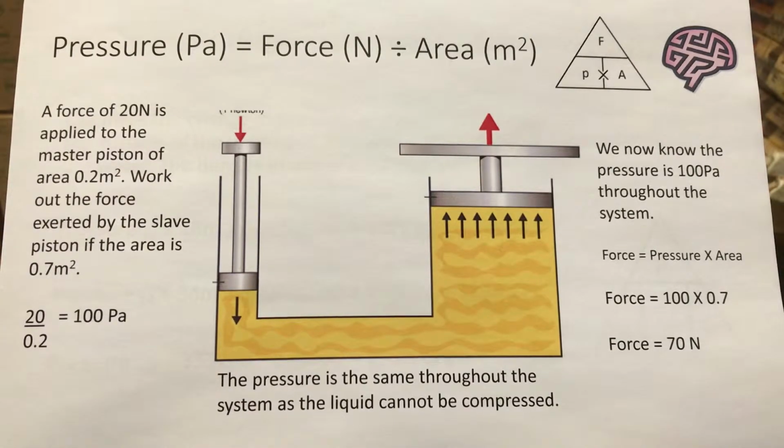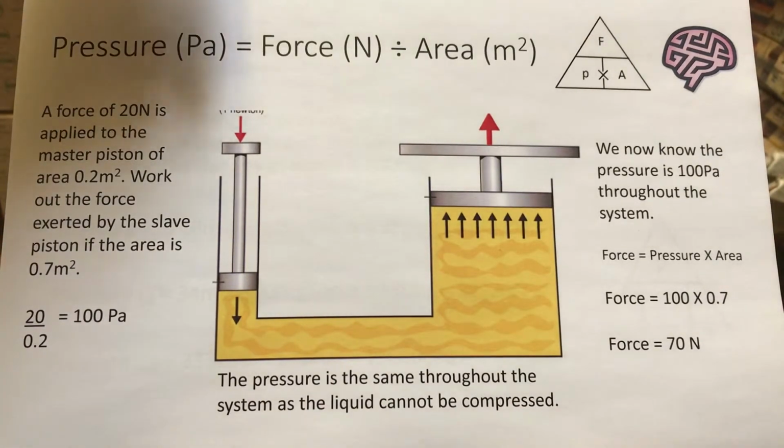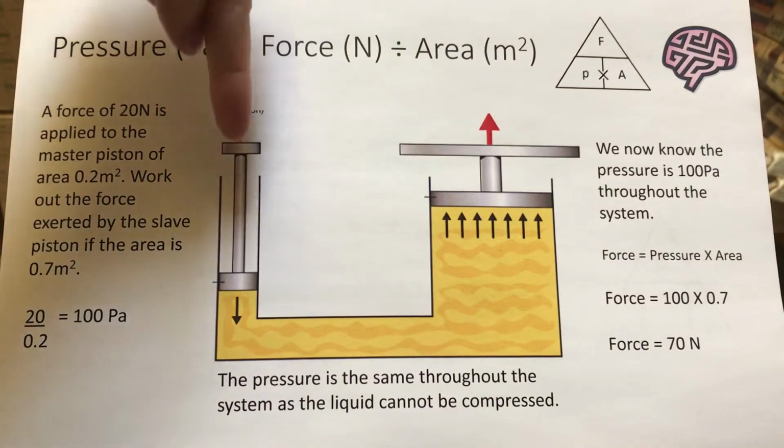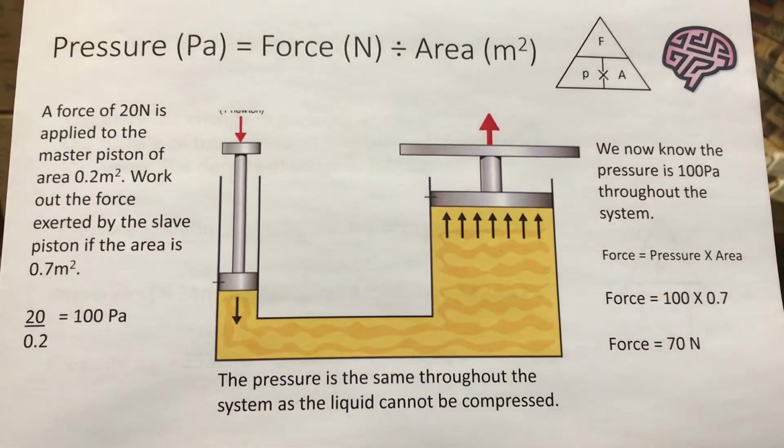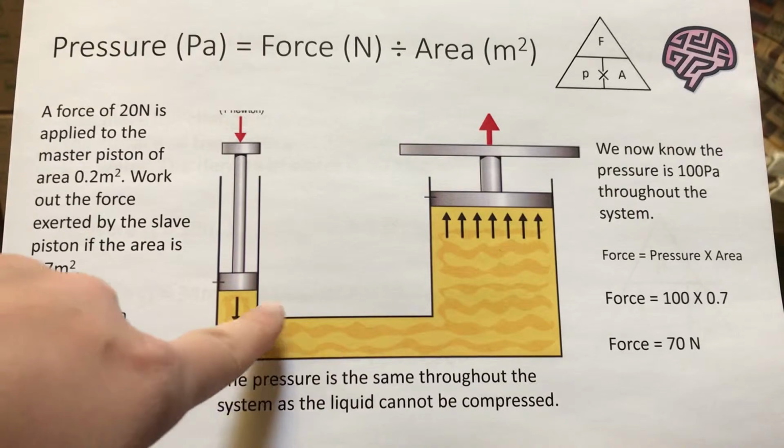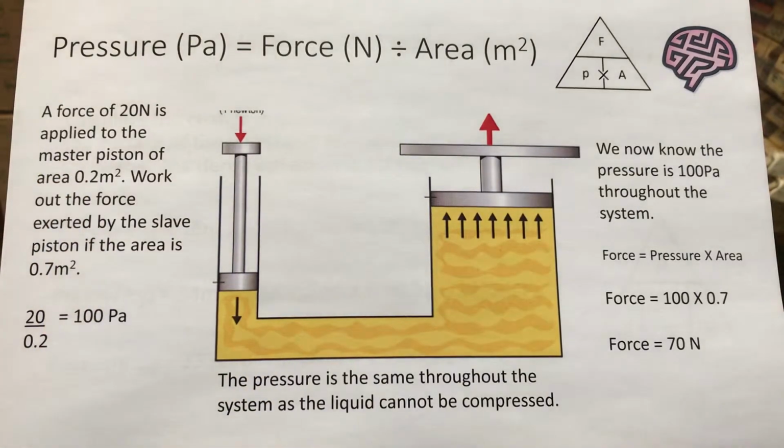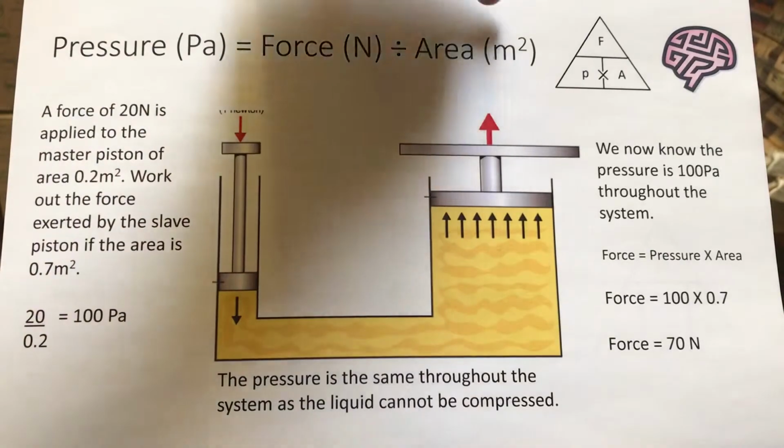And it's an example of a multi-step calculation because we've been told that a force of 20 newtons is applied to the master piston. We're told that the area of the master piston is 0.2 meters squared. That could be in centimeters squared, and you may have to do a conversion, but I've kept it simple, meters squared.